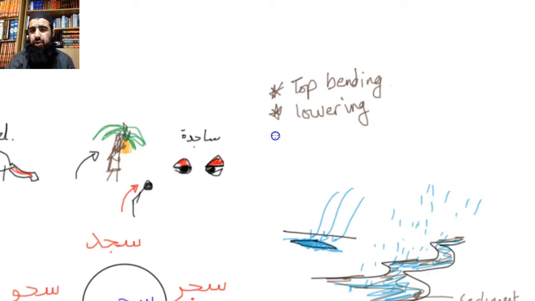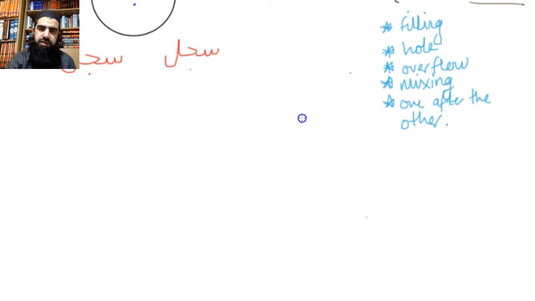So something lowering as well, we get that from sajada. So he has to go down, lower. We also get the meaning of burden as well, like the dates that are burdening the date palm and pushing it down. So you get this kind of force that's on it. So these are some of the meanings for that.